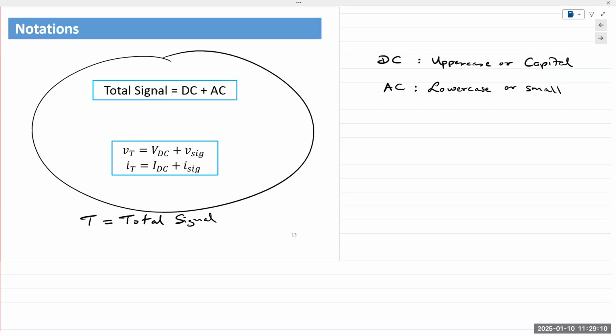Let's say, for instance, if you take a transistor, the transistor would have a voltage measured between base and emitter, VBE. And so if you see a notation like this, vBE, that is my lowercase letter, that signifies it has the DC voltage measured at B and E, plus the AC input signal measured at those same terminals.